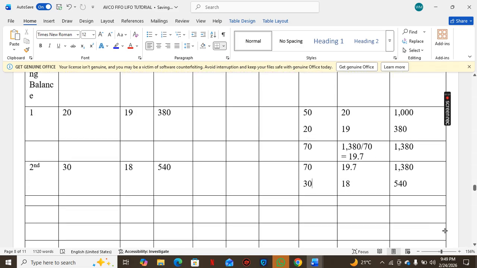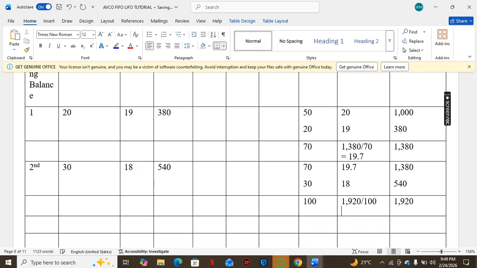So we find the average cost again. 1,380 plus 540, we get 1920. 70 plus 30 is 100. So our average cost is 1,920 divided by 100, which is 19.2.